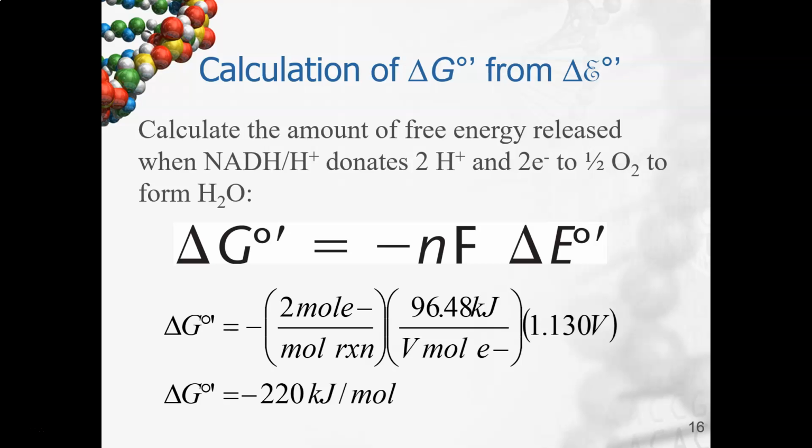So what this means is that when NADH and H plus are passing protons and electrons down the electron transport chain to oxygen to form water, there's a free energy release associated with that reaction. That free energy is largely captured in the electrochemical gradient across the inner mitochondrial membrane that occurs during electron transport when complexes 1, 3, and 4 participate in the proton pumping.